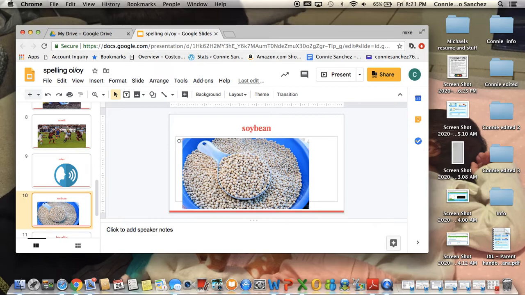But because I added the bean to make it a compound word, it's not at the end. If it was by itself, just soy, it would follow the rule of it being OY at the end, and that's why we would spell it that way. It just doesn't follow that rule because I added that word to make it a compound word.